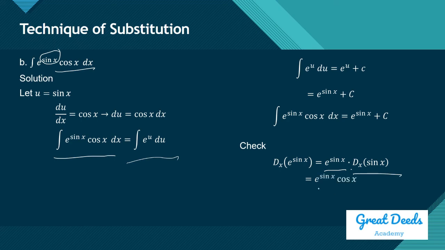And so this becomes, look at that, e raised to sine of x times cosine of x. And that is precisely the function that we are integrating. So that is how you check if your antiderivative is correct. Get the derivative of your tentative answer. If it will get you back to the original function, then you did it right.